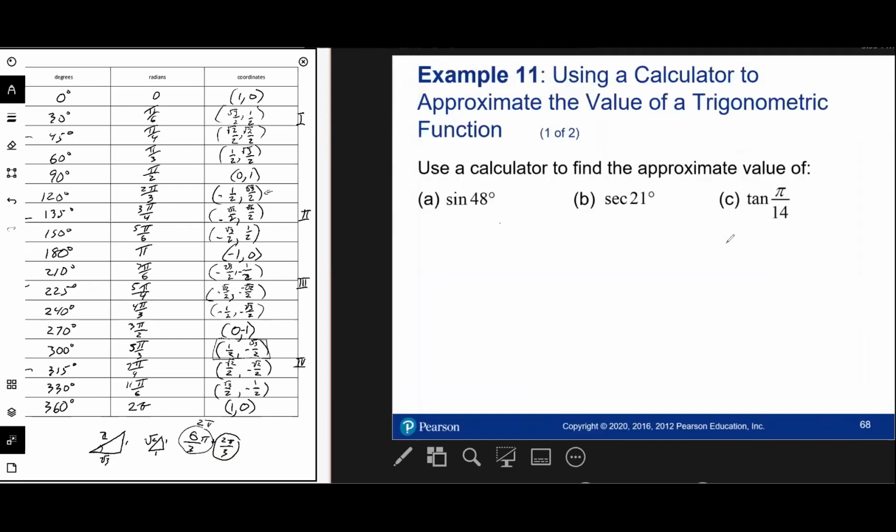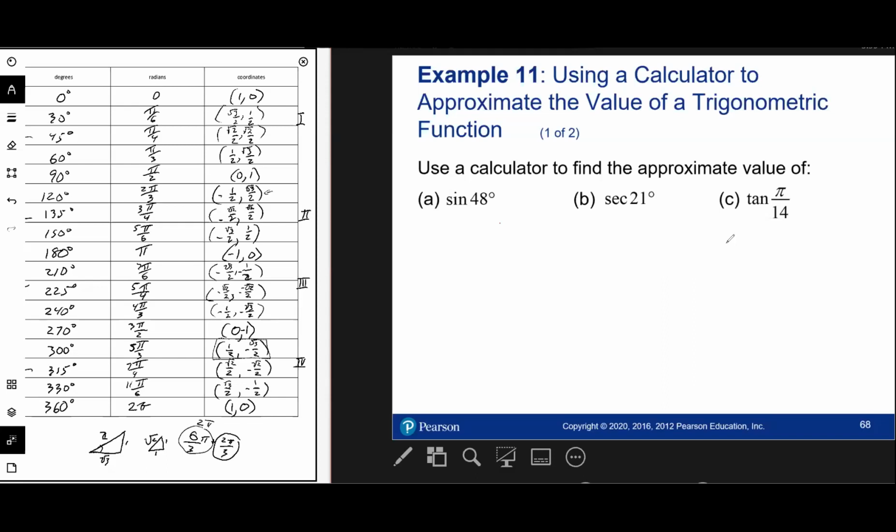And this is just using the calculator. So you just punch numbers in the calculator. I don't test you on this, but they do ask you to do it in the homeworks. So that's just punching it into the calculator. And if you have issues with that, then let me know.